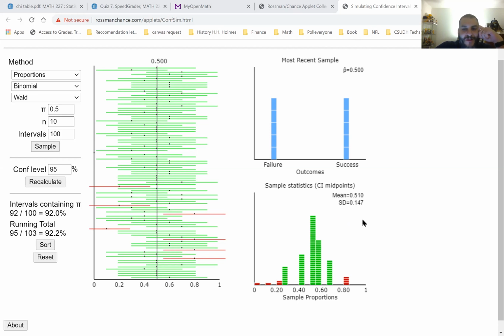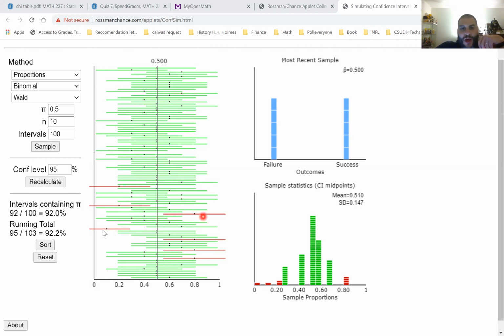Well, they're farther away from the center, but if you look at it, they completely miss the center. If you look at this one right here, it doesn't touch the center. This one doesn't touch the center. This one doesn't touch the center. If you remember, we're doing the confidence interval to capture the parameter.